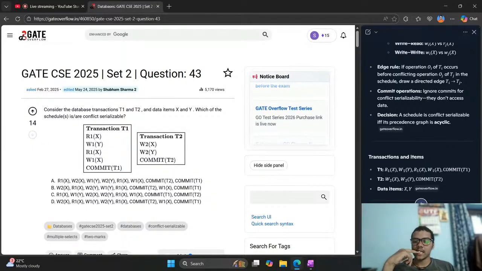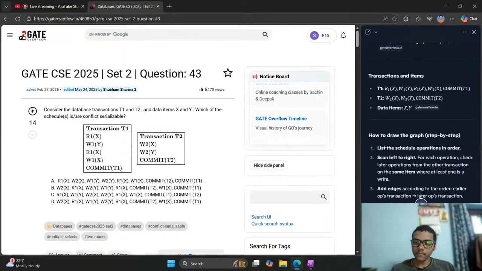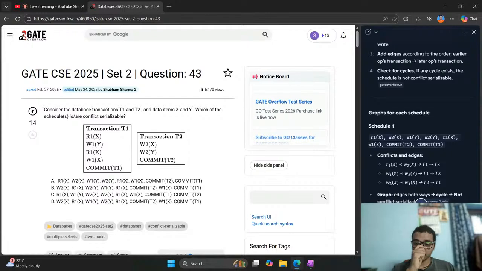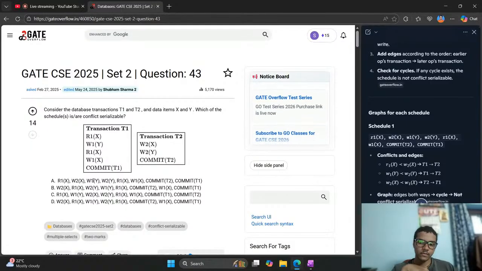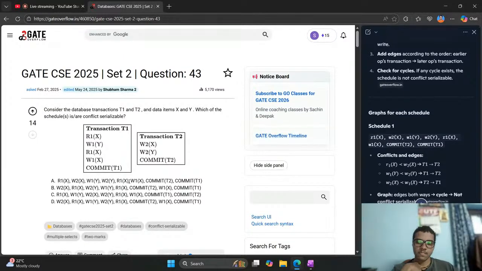Transactions and items. R1x, W2x, W1y, W2y, R1x.